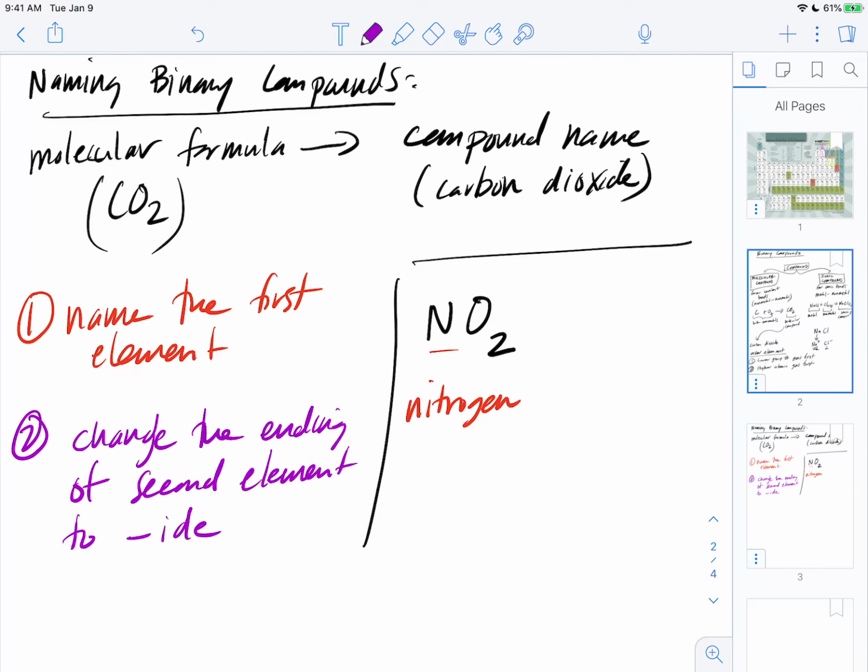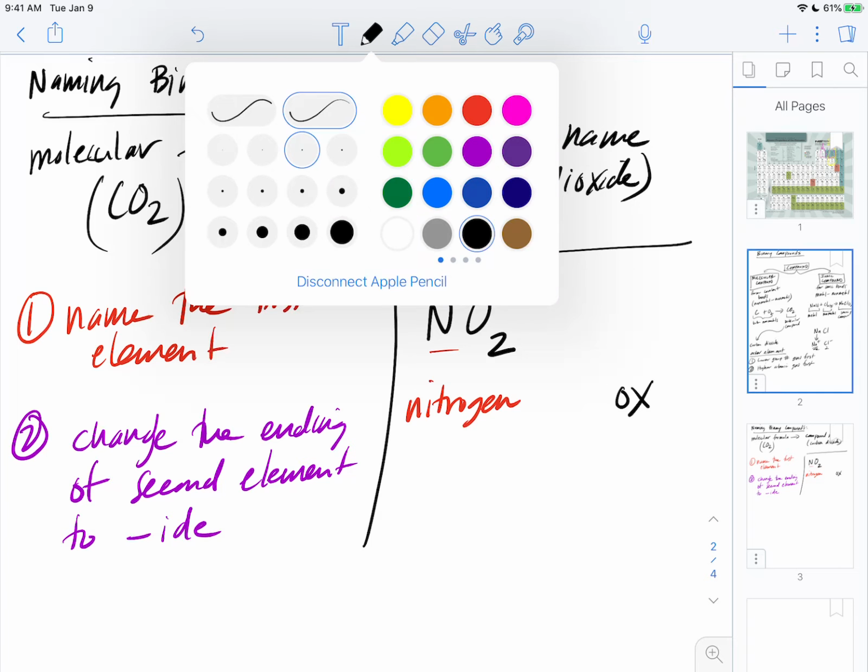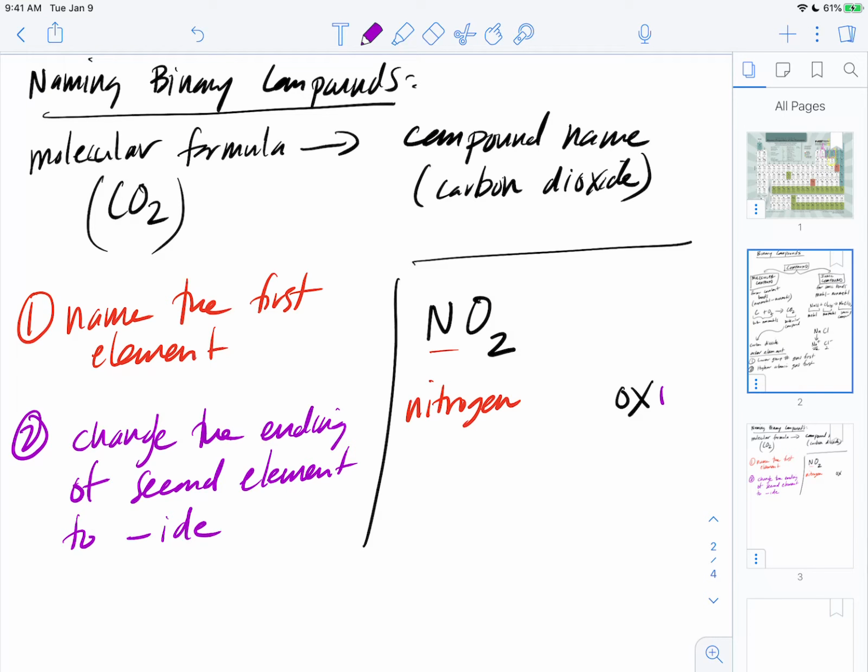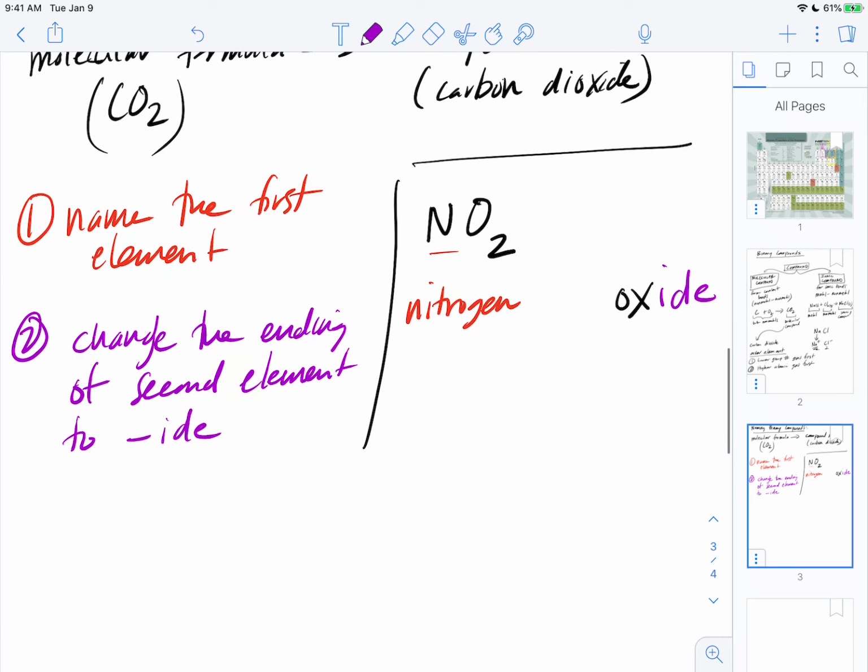Okay, so if we have that, we have oxygen. So I'm going to replace the -gen with -ide. So that's the second rule.